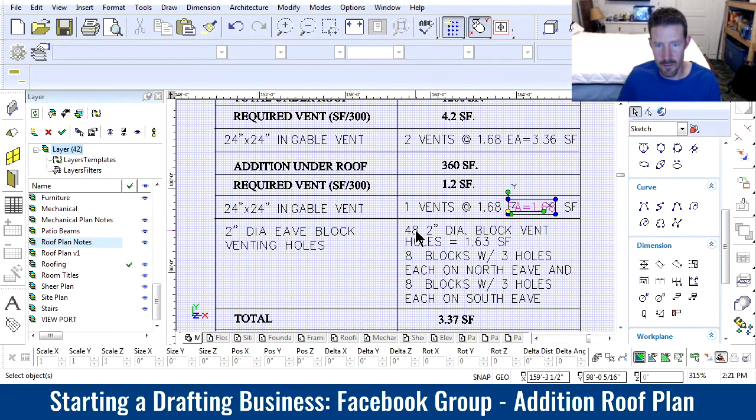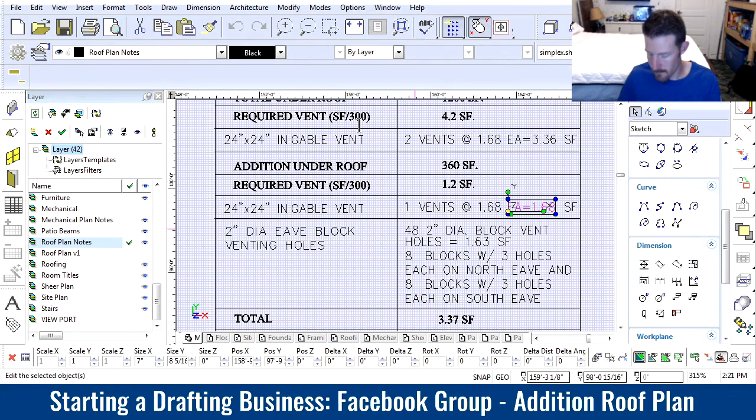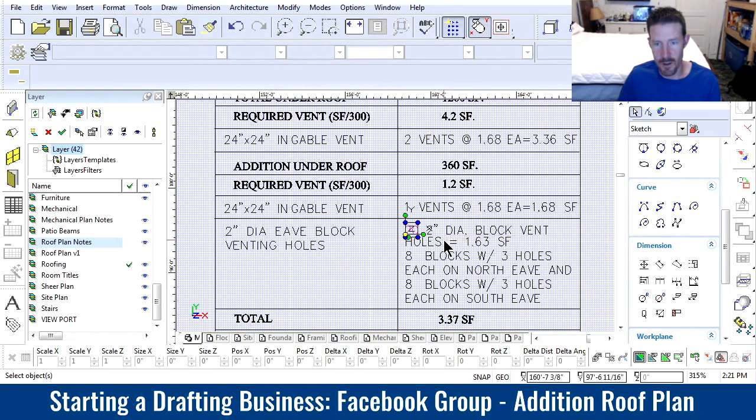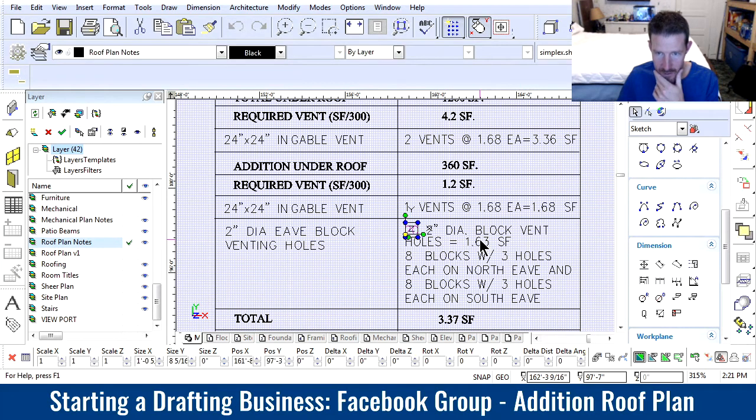We need about 20 holes here. So let's find that text. We need about 20 holes. We could probably get away with a little bit less. I'll close my window. I need to redo the math on this. I should have had this written down. It was 0.678, I believe.